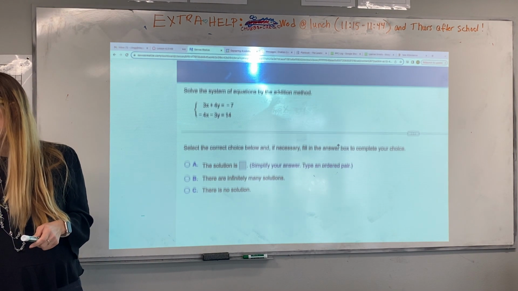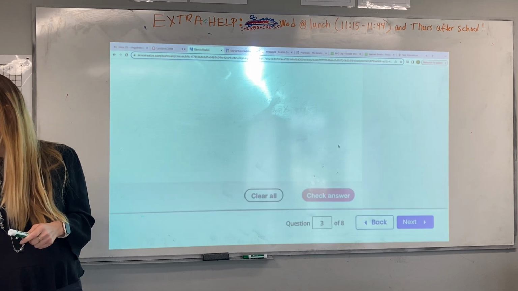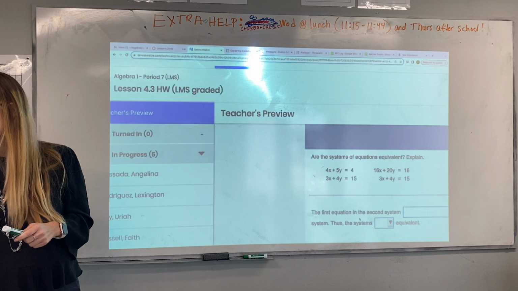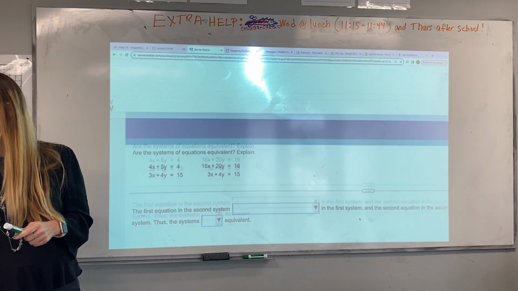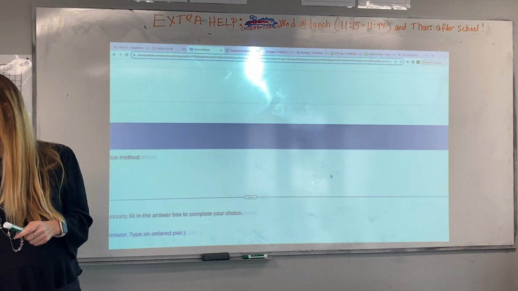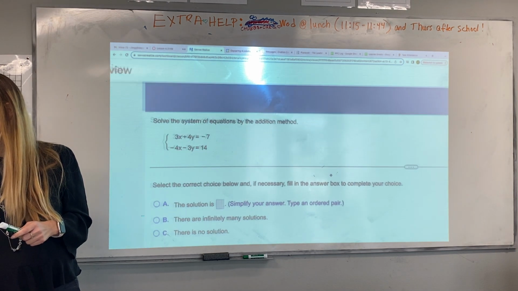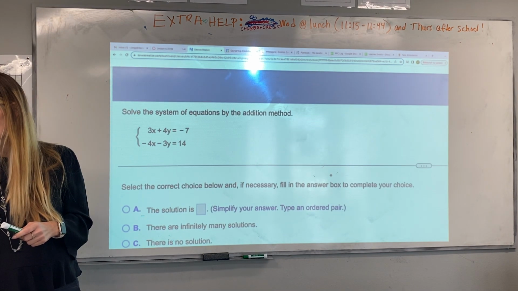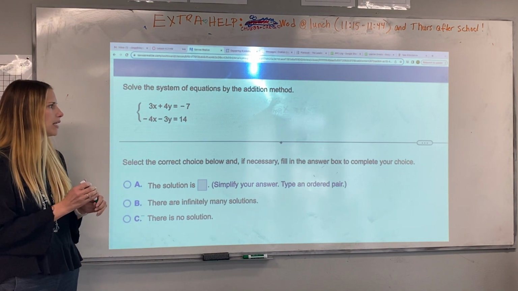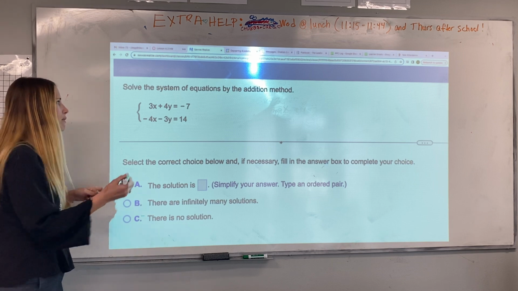Number 3 is the exact same process. So number 3, it says solve the system. The system needs again to be multiplied.